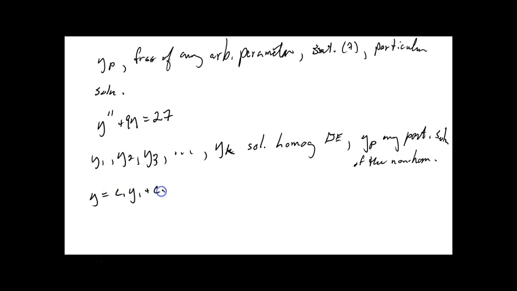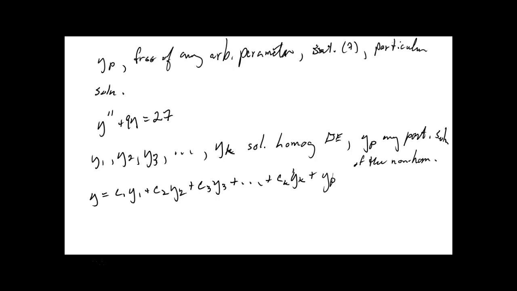C1y1 plus C2y2 plus C3y3 plus dot dot dot plus C sub k y sub k plus y_p. Notice there is no arbitrary constant put on there. None.